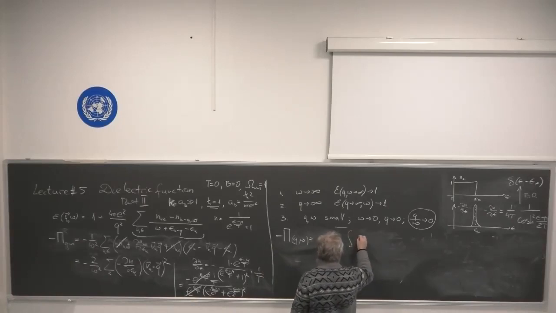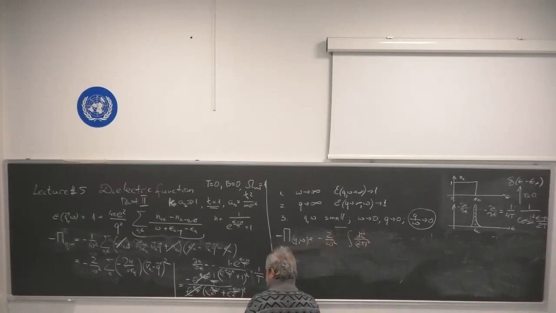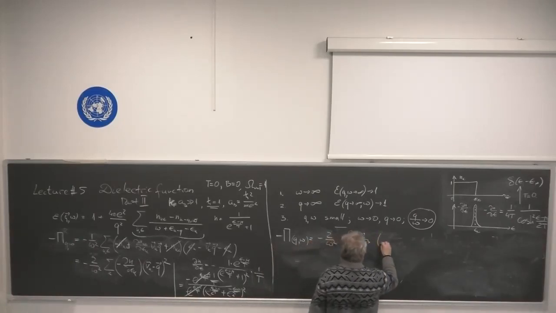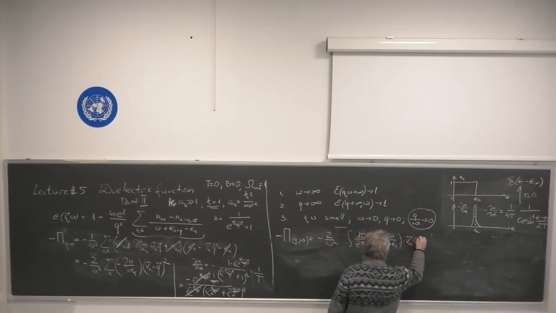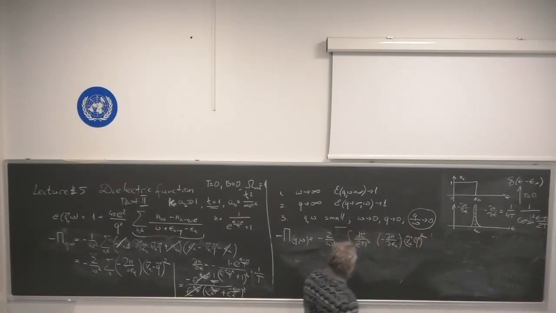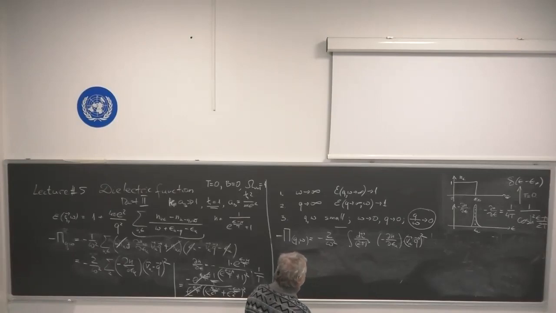So this is the integral over dk over (2 pi) cubed of minus dn over d epsilon_k times the scalar product squared with q. And as I said, I consider volume equal to 1 in order not to bother keeping volume in my expressions.